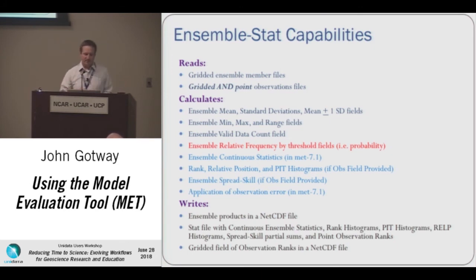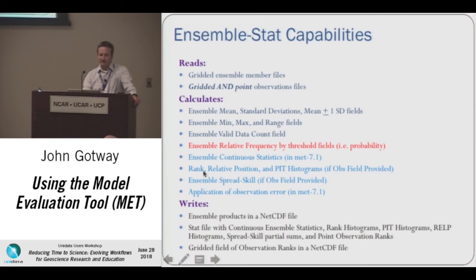But it does the most simplistic relative frequency. The things listed here in blue are the statistics that Tressa already mentioned. So the ensemble continuous statistics line type, which is new in MET version 7.1, which isn't released yet, contains all the spread skill relationships, CRPS, that sort of thing.